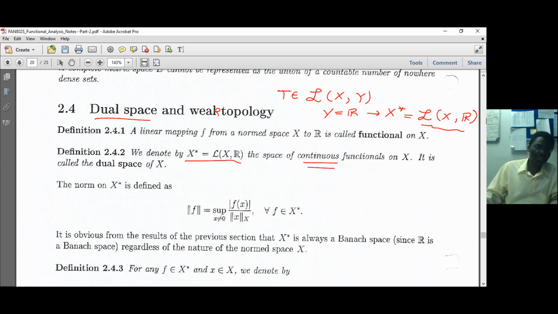Of course, a functional is when the range is in R. Instead of calling it a bounded linear mapping, we say functional, just to indicate that Y is equal to R. Then we call our bounded linear operator a bounded linear functional.